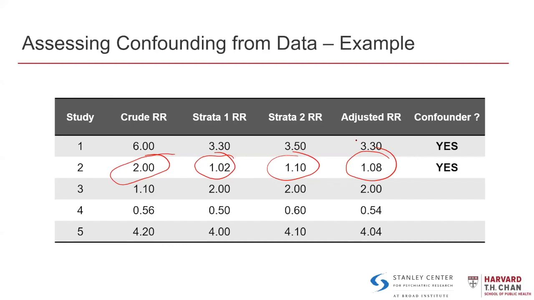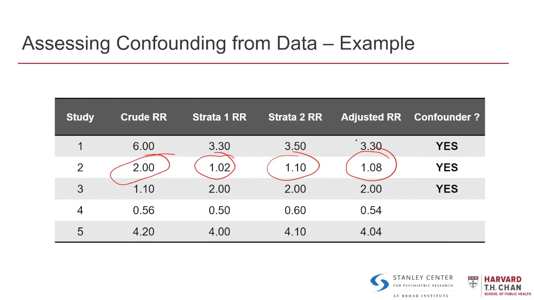Let's look at the third example where we have a crude estimate of 1.1. The stratum specific is 2.0 in both, and the adjusted is 2.0. They are different. Even though the direction is going upwards, we still say that there is confounding.